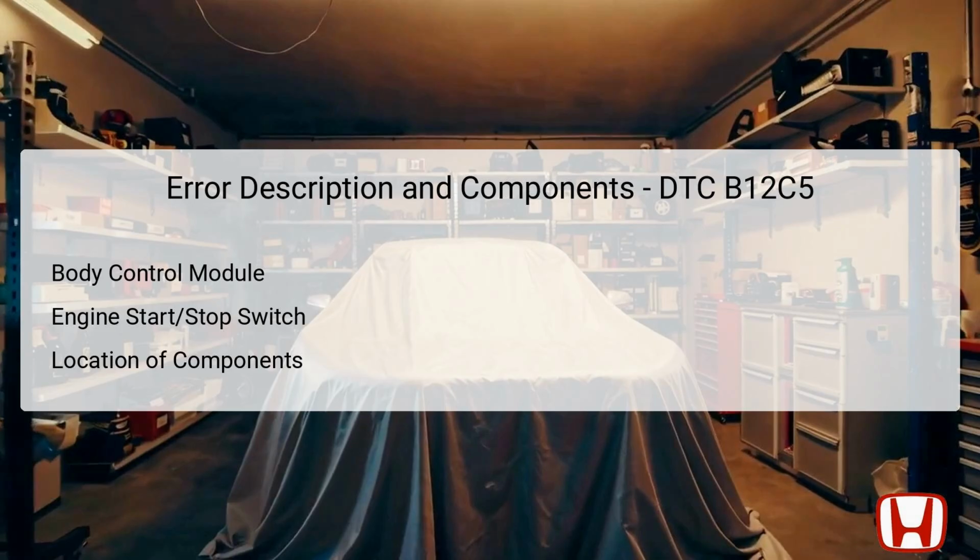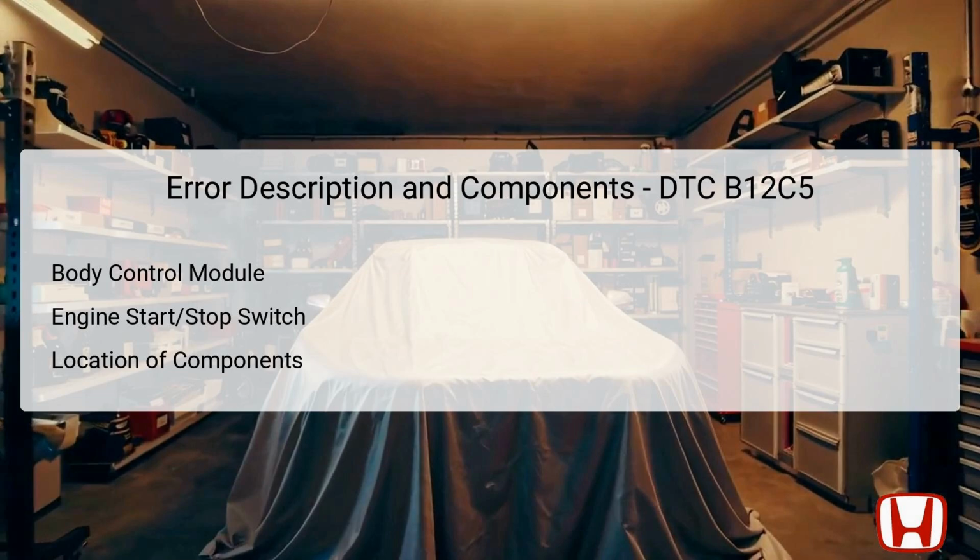The key components involved include the body control module and the engine start-stop switch itself. The body control module is responsible for monitoring various signals from different systems and ensuring they interact effectively to facilitate smooth engine operation.